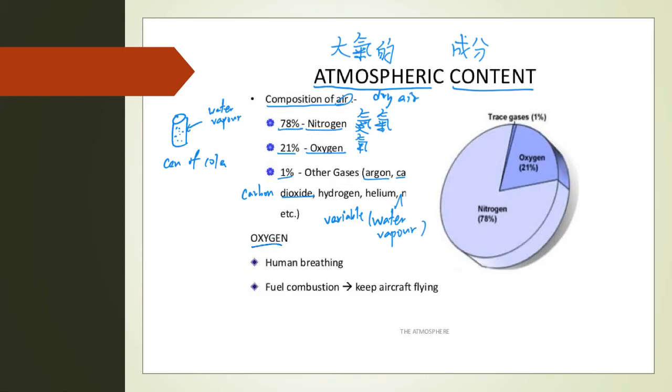Oxygen is not only useful for us to breathe, but also important for burning fuel. Combustion means 燃燒, so oxygen also supports burning. So when we're talking about atmospheric content in this chapter, there's something you should pay more attention to.